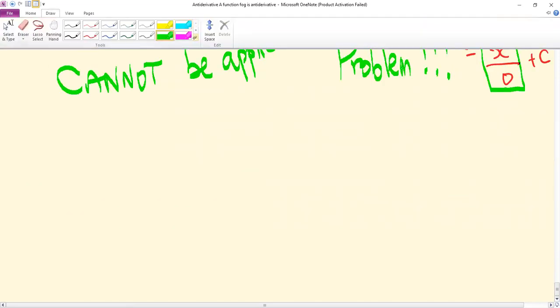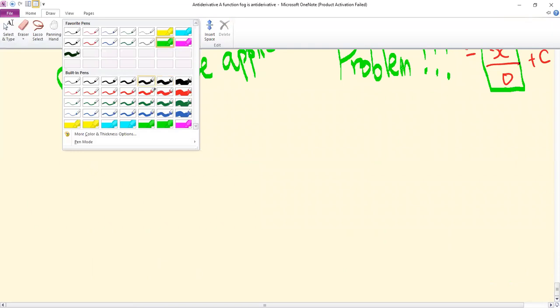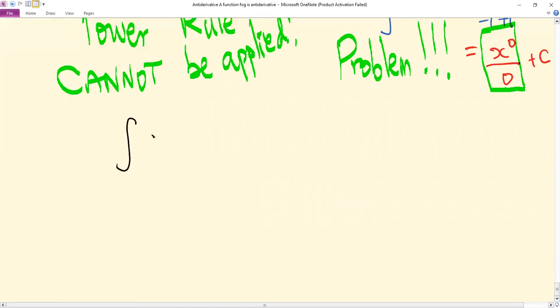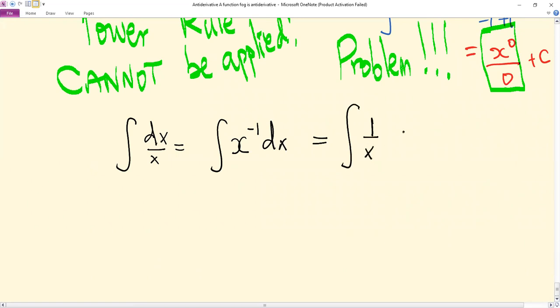Remember from definition, the integral dx over x is the same as the integral x raised power minus 1 dx, or the same thing as writing the integral 1 over x dx.